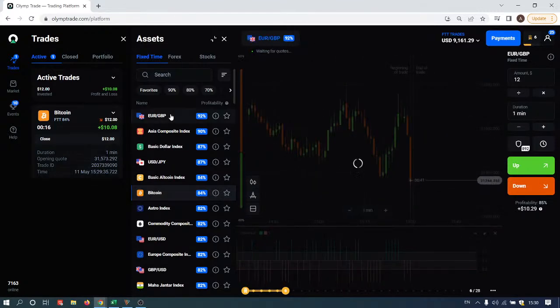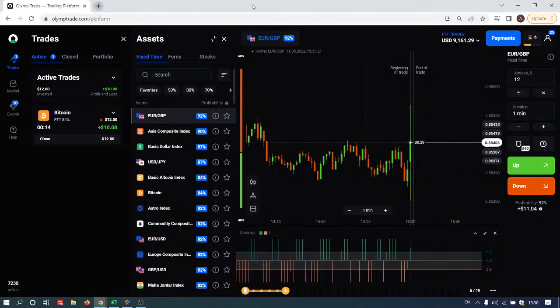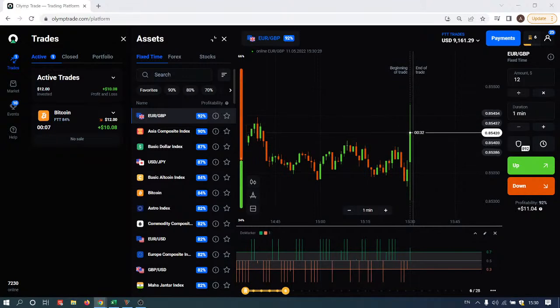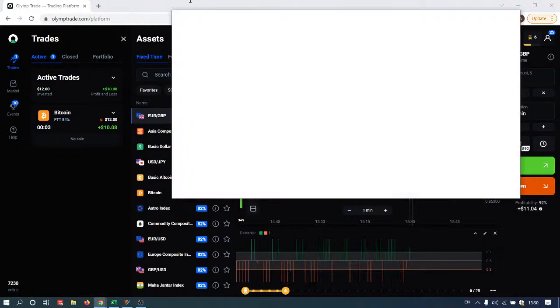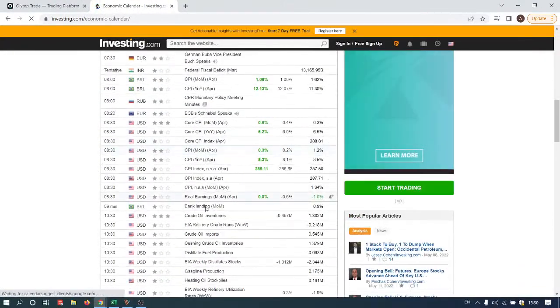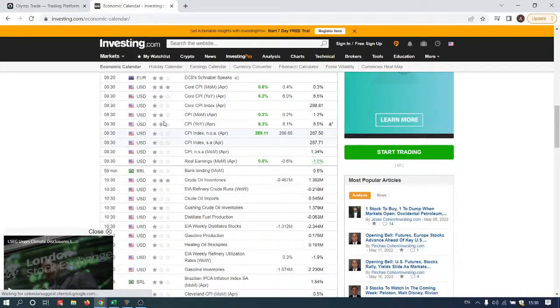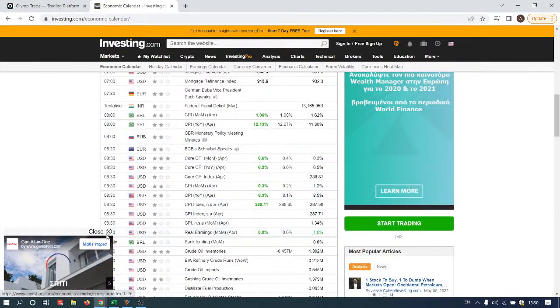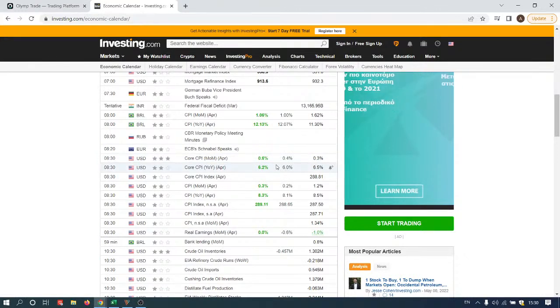Can anyone check the economic calendar? What kind of news? I think I know what news has just come out. I think it was this one. Yes, core CPI, so inflation in the United States.